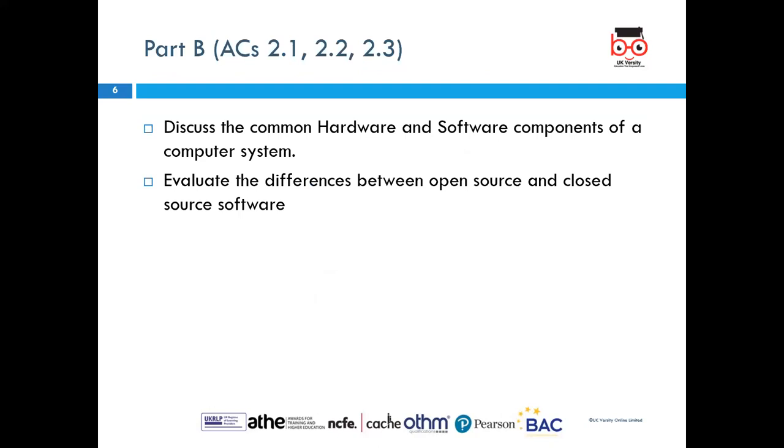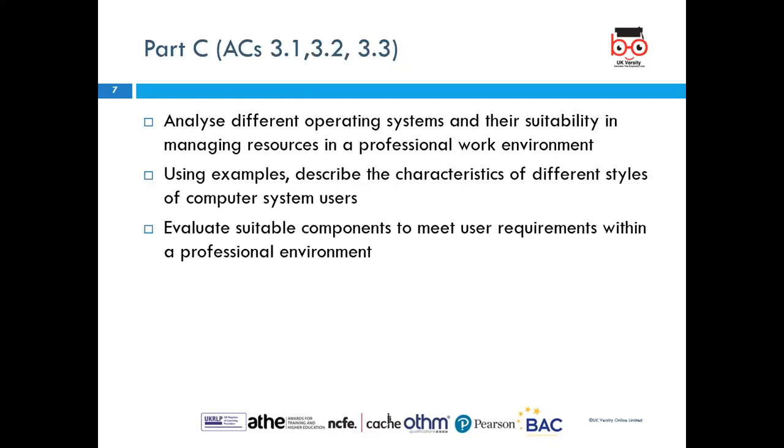Part B: discuss the common hardware and software components of a computer system. Evaluate the difference between open source and closed source software. Part C: analyze different operating systems and their suitability in managing resources in a professional work environment.